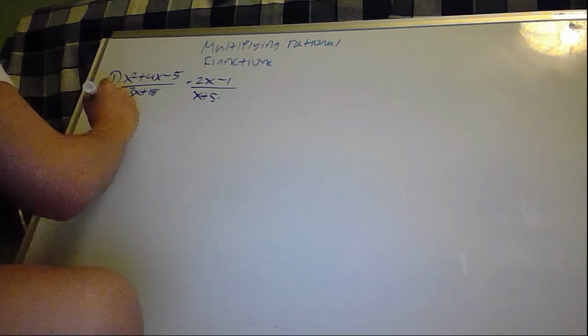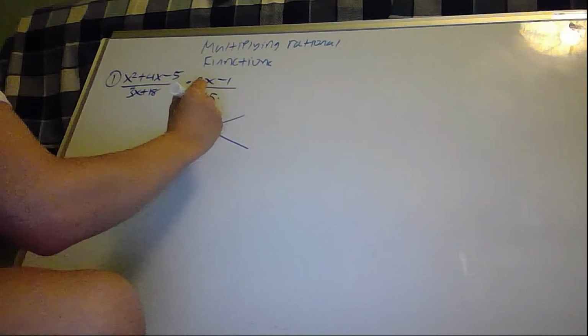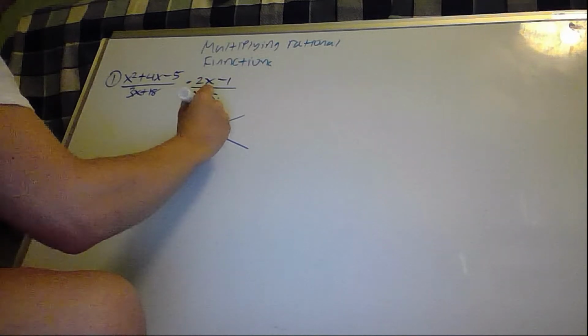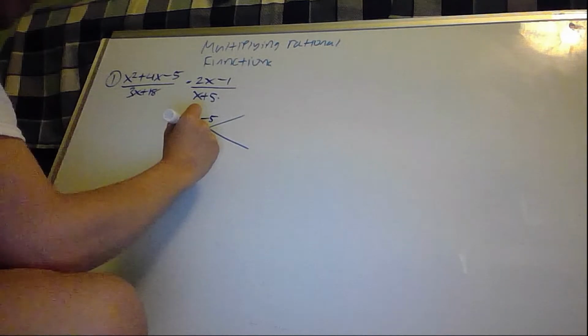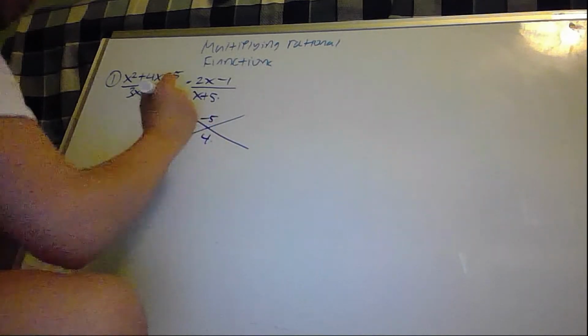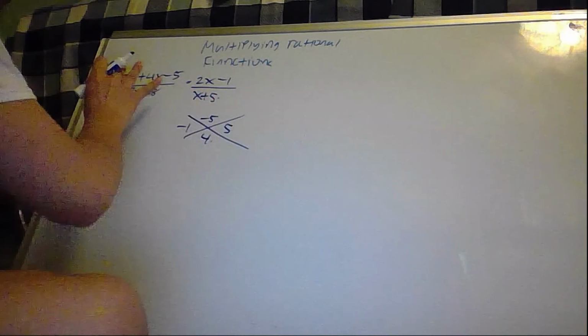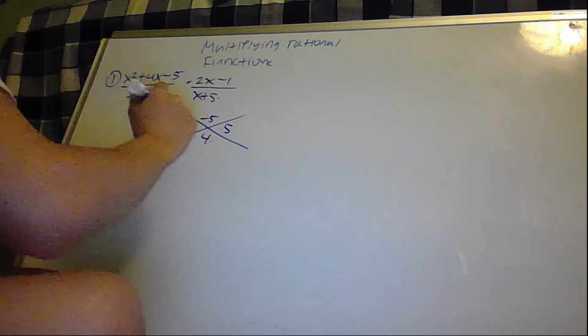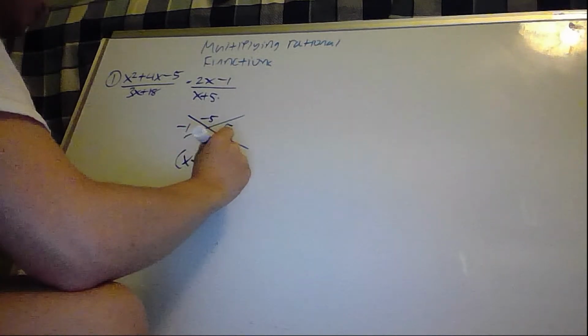Remember how to factor quadratics: you do 1 times 5, or 1 times negative 5 is negative 5, and then the middle part is 4, so you have negative 1 and 5, and since the leading coefficient is 1, we just have x minus 1 times x plus 5.